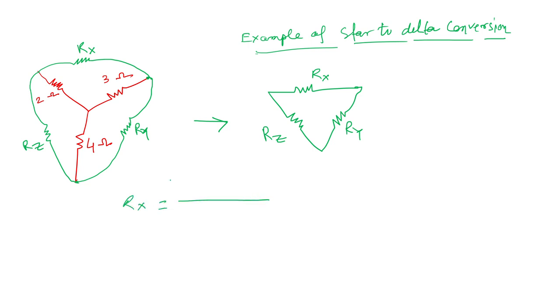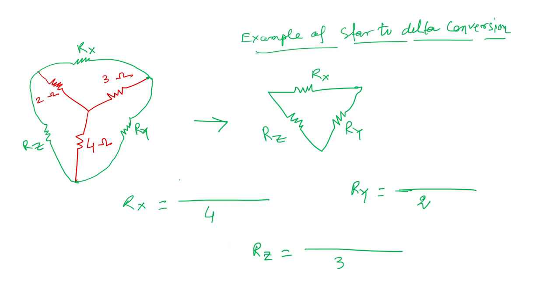I want to find this resistance, its opposite known resistance is 4 ohm, so simply I will write here 4. Similarly Ry, this one, its opposite known resistance is 2 ohm, so I will write 2 here. And Rz, I want to find this resistance, its opposite known resistance is 3 ohm, so I will write here 3. Okay, Rx 4, Rz 3, Ry 2.